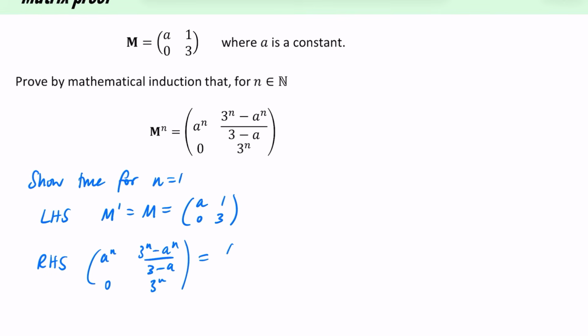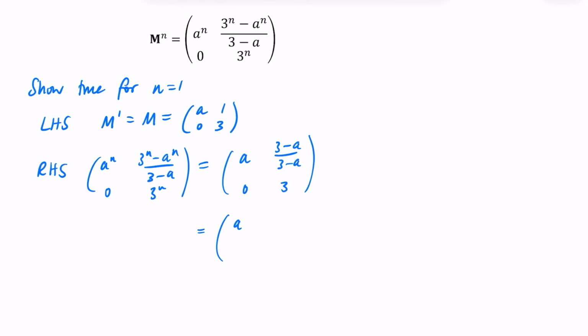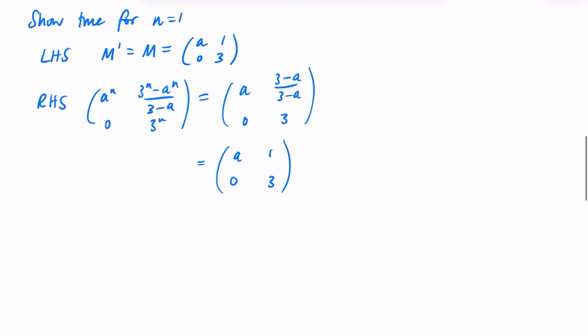So if I substitute in n equals 1, we get A, 3 minus A over 3 minus A, 0 and 3. And actually we can see that's going to be the same thing, right? Because obviously this is A, 1, 0 and 3. Numerator is the same as the denominator, so it is a 1. So we can just say hence true for n equals 1.